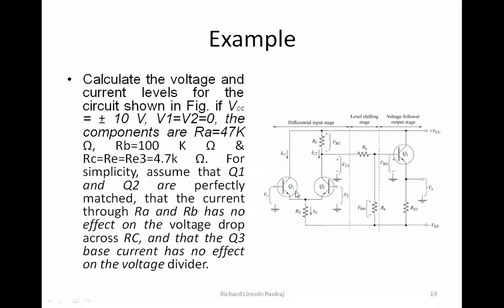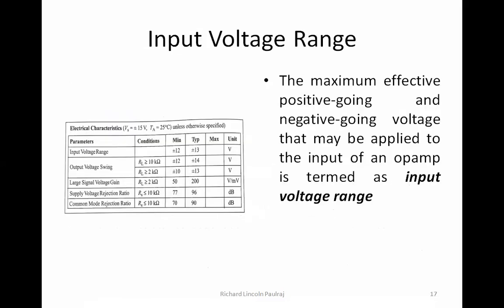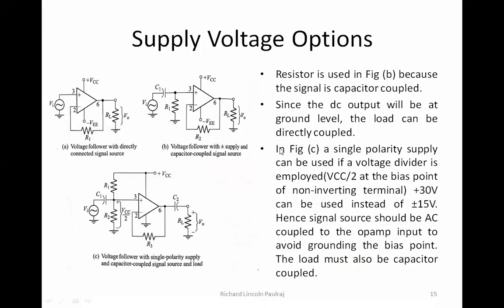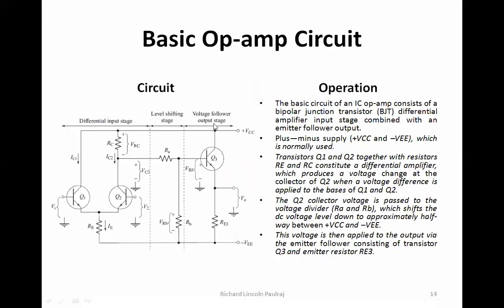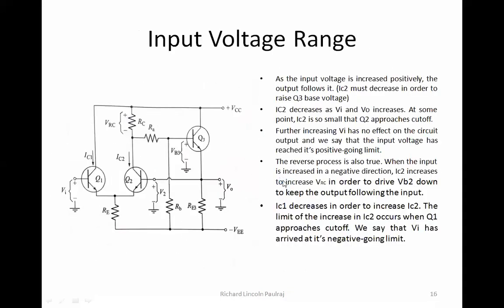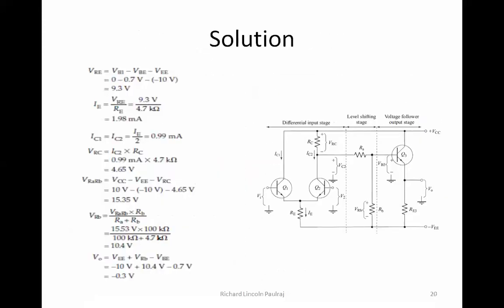We have seen the input and output voltage ranges, and how if one current reduces, the other current increases to compensate, and how it impacts the output voltage. We have also seen the types of input voltages and the basic circuitry, right? So these concepts are to be dealt with and you have to revise these concepts as much as possible.